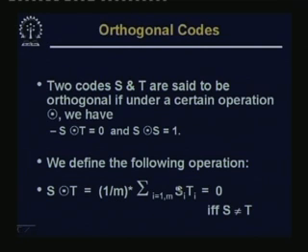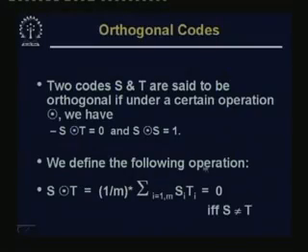We will see an example. Two codes S and T are said to be orthogonal. We have been talking about orthogonal codes. If under a certain operation, and we are going to define this operation, let me call it a dot for a dot product kind of thing for the moment, S dot T is equal to 0 and S dot S is equal to 1. You see that this is very similar to dot products in vectors.